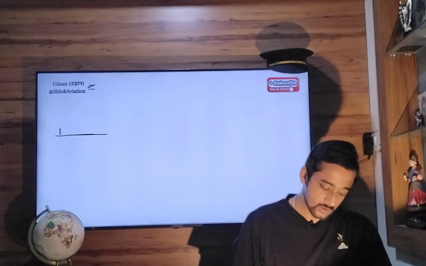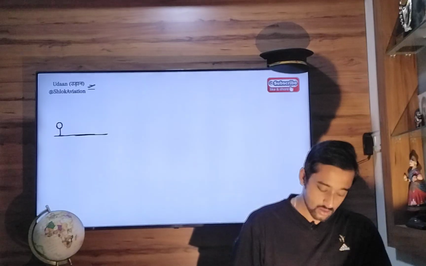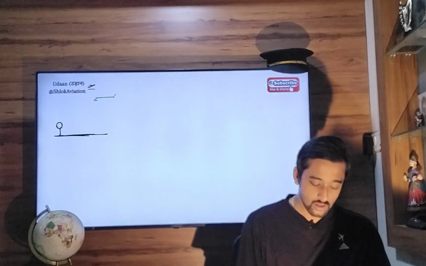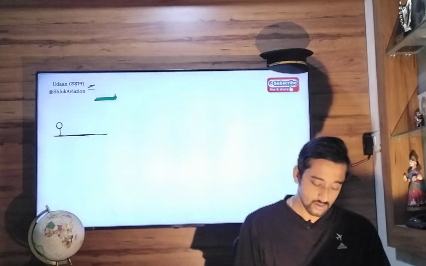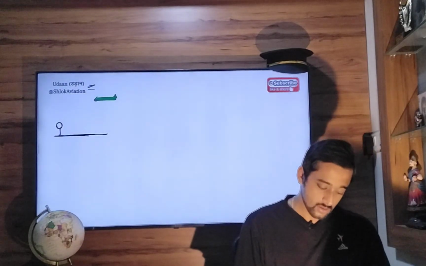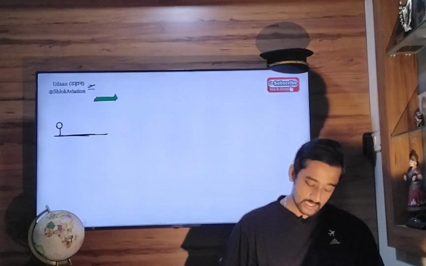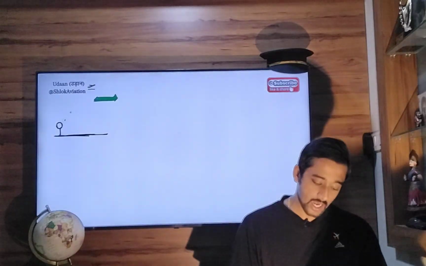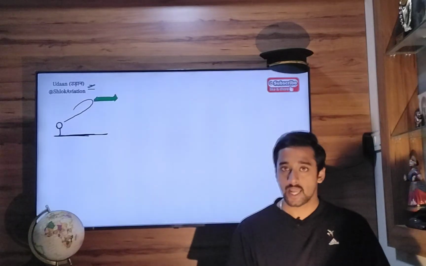Here is your secondary surveillance radar on the ground, and here is your aircraft. Now this secondary surveillance radar will transmit a radio beam, a radar transmission, an interrogation pulse in the direction of this aircraft.